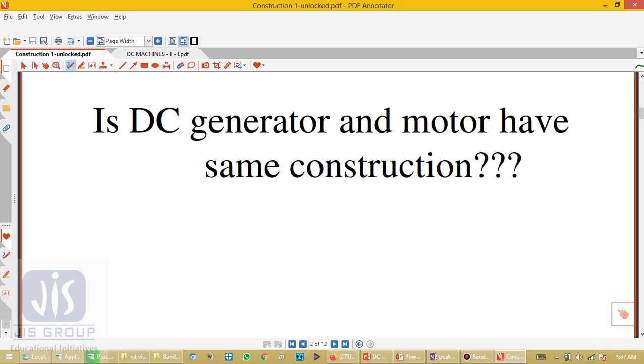Is the DC generator and motor of the same construction? The answer is yes. Both have the same construction. That means it is a reversible design. So the same machine can work as a DC generator as well as a DC motor.